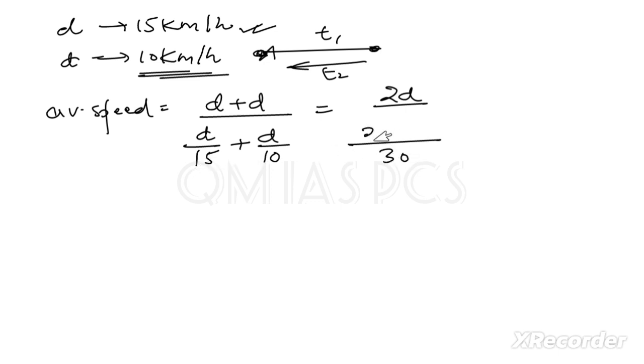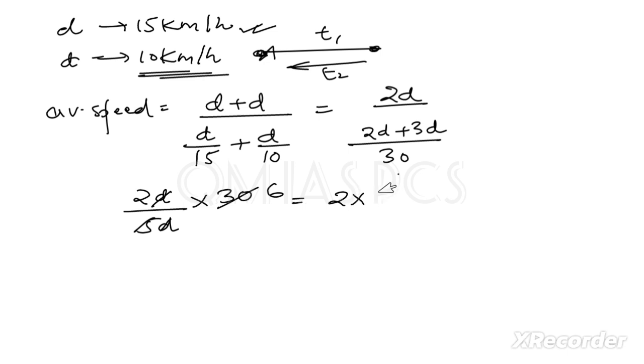So it becomes 2d over (2d plus 3d over 30). Adding, don't cancel right now, it will be 5d, and the 30 goes to the numerator. Now d cancels out, and 30 divided by 5 is 6. So we have 2 multiplied by 6, that is 12. This is speed, so it is 12 kilometer per hour, my mistake, not meter per second.